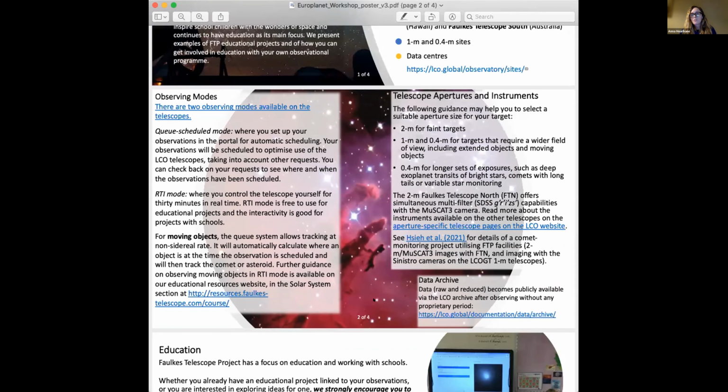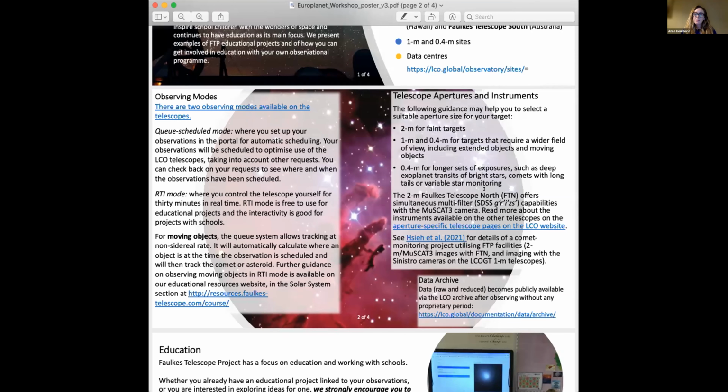Some of the suitable targets for the different aperture sizes include extended or moving objects in the smaller apertures, the 0.4 and 1 meter, and also deep exoplanet transits of bright stars and comets with long tails in the 0.4 meter, and then the 2 meter for the faint targets.